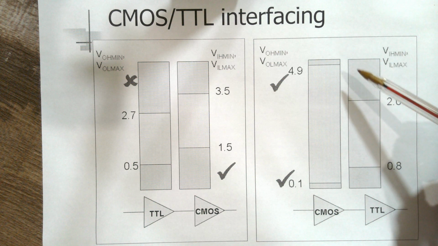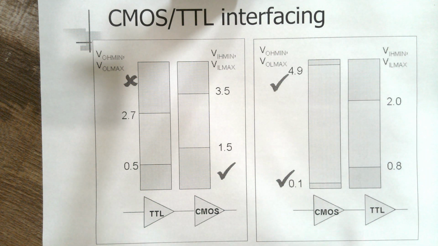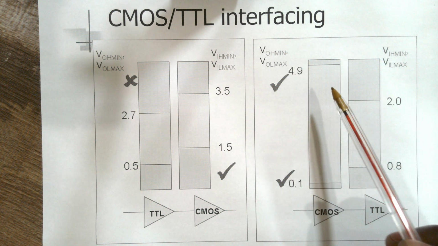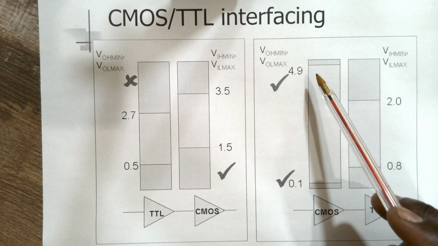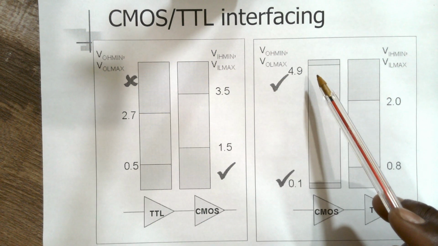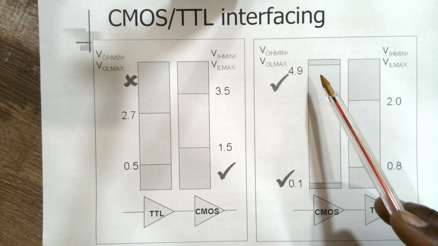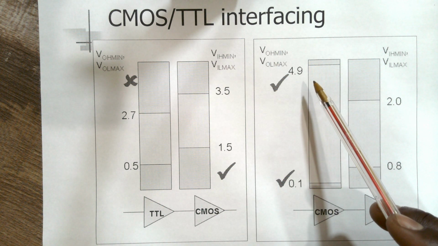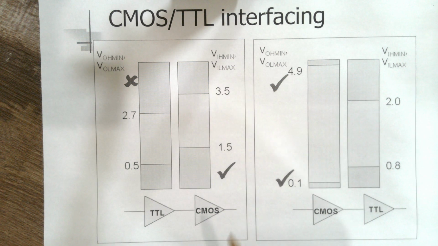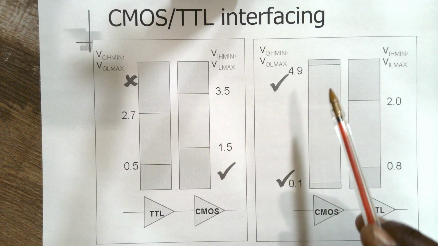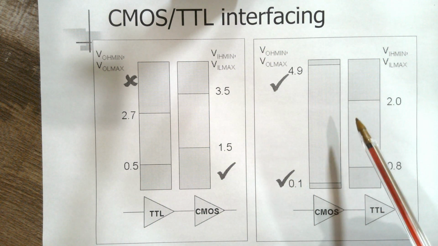So we have to look at the output profile for plus 5 volt CMOS technology and the input profile for TTL. And now we say, okay, a logic 1 will correspond to voltages within the range 4.9 to 5 volts on the CMOS technology side.